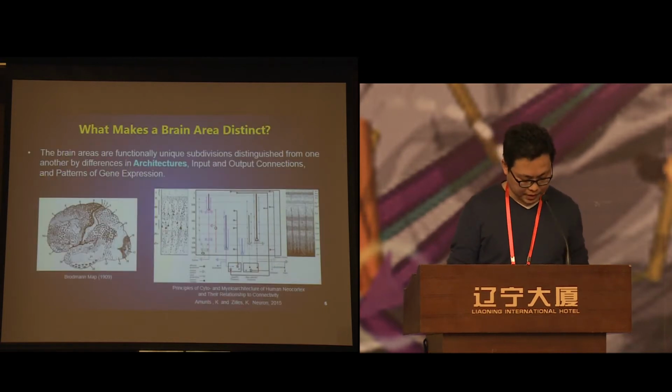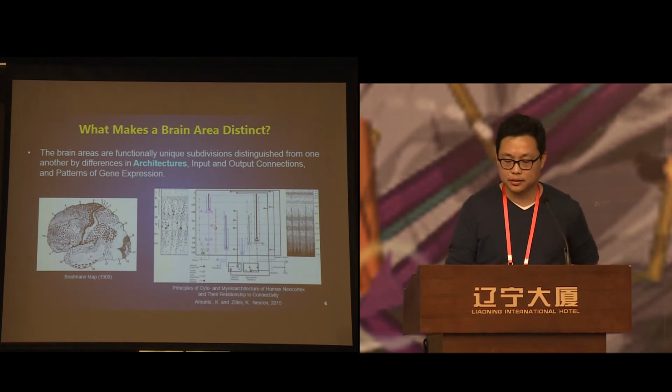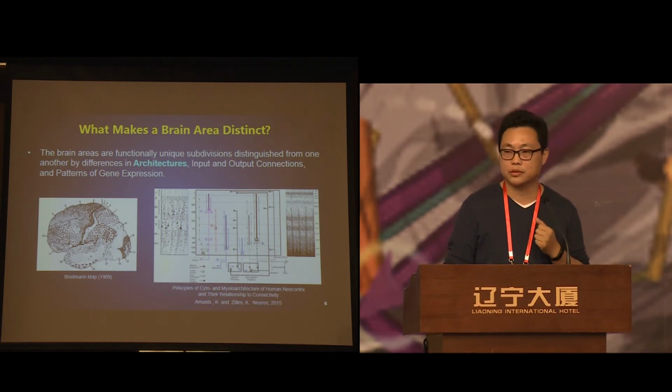So I want to first give a definition. What makes a brain area distinct? The brain areas are functionally unique subdivisions distinguished from one another by three main criteria. One is the architecture, including different types of architecture. Using in vivo data, some groups use T1 divided by T2 to get the myelin map in vivo.